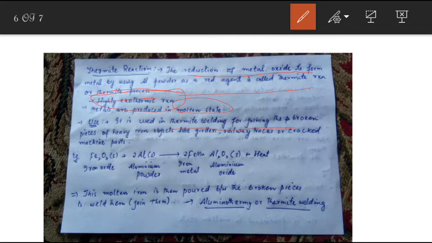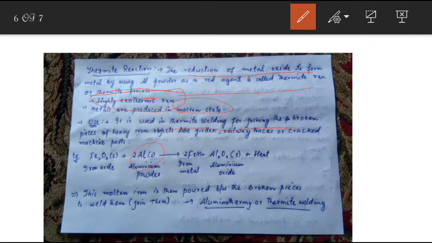What is welding? Welding is a process in which broken pieces of iron objects are attached with each other. So how are broken pieces bonded with each other? By using aluminum powder.